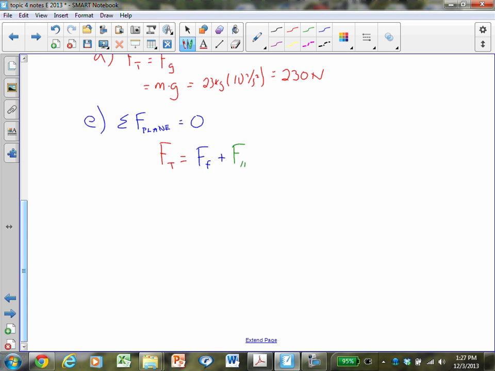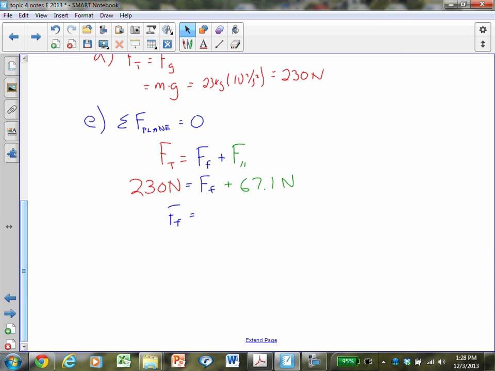Now Ft we know. We calculated it: 230 newtons. We don't know what Ff is yet, but we know F parallel, which was 67. So Ff equals approximately 163 newtons.